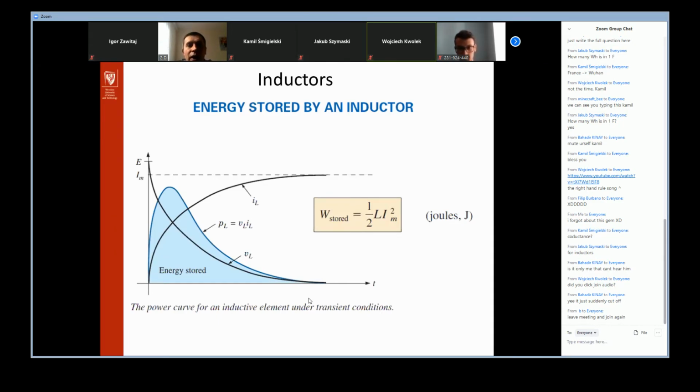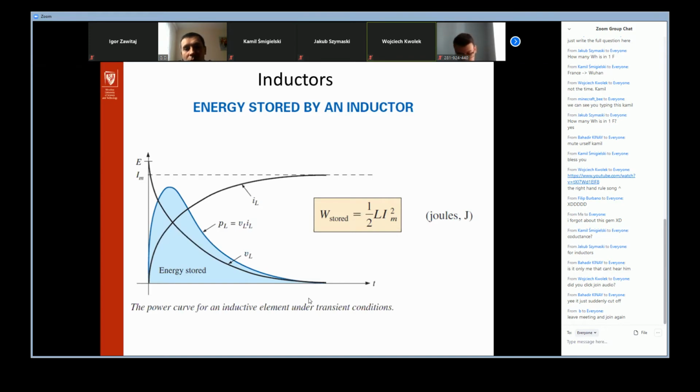The same story applies to the energy stored by the inductor. As you know, according to the transient analysis, in the steady state we have the maximum current and zero voltage drop across the coil.